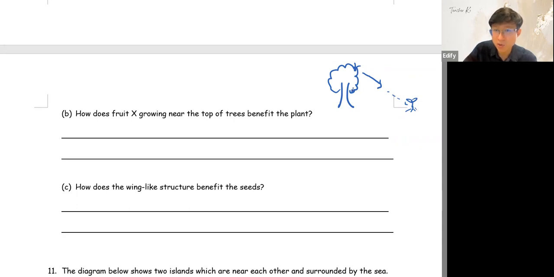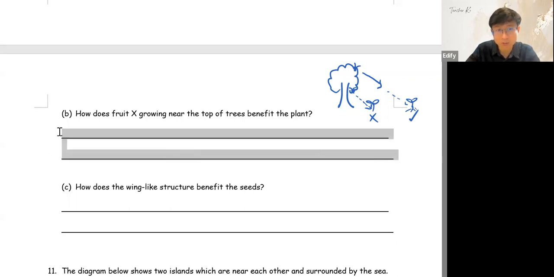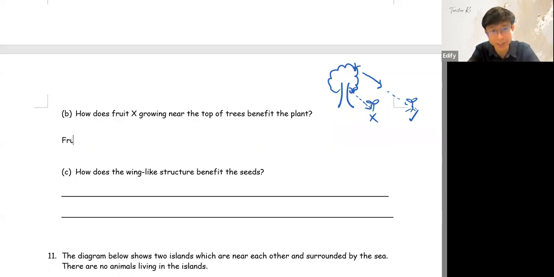If it's just below the tree, can you see that it's going to be dispersed much nearer? So this is not as good as the seed that can be dispersed further. So by staying near the top of the tree, how does it benefit the plant? By being near the top of the tree, the fruit X can stay afloat in the air longer.